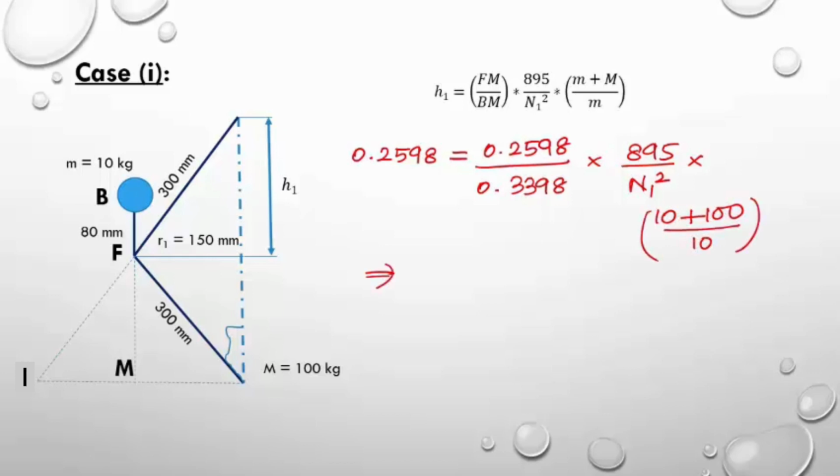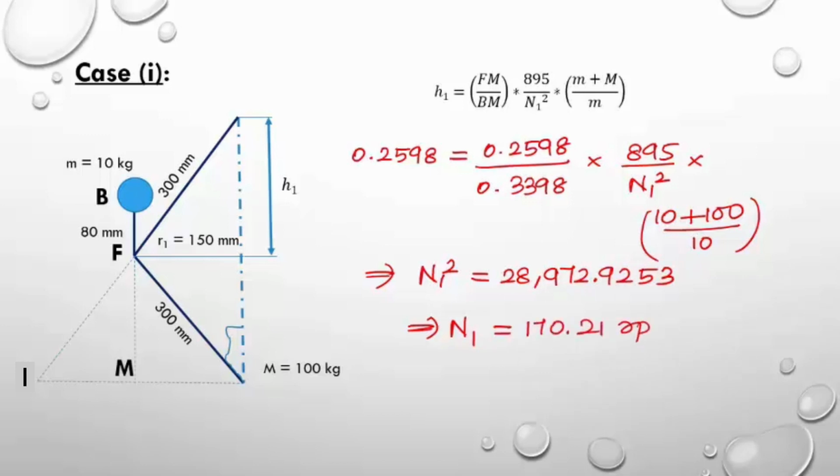On calculating, we can get the value of N1 square as 28,972.9253, from which we can calculate the minimum equilibrium speed N1 for the Proel governor given in the problem as 170.21 rpm.